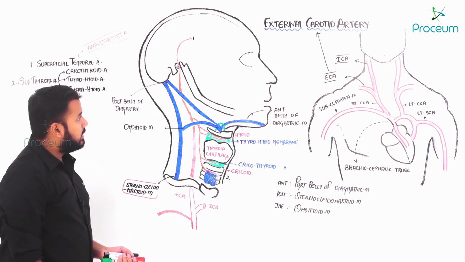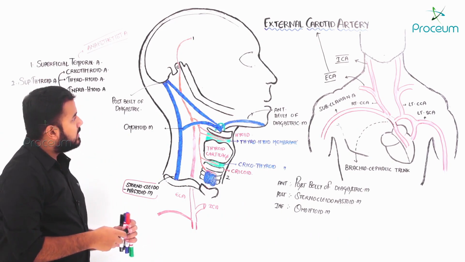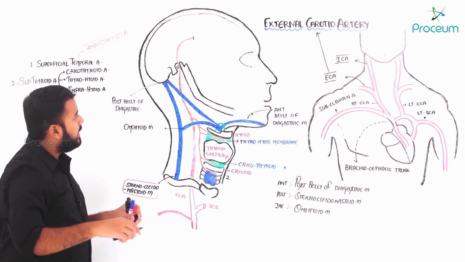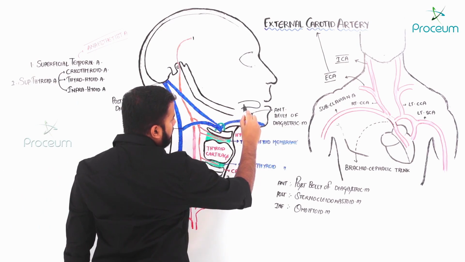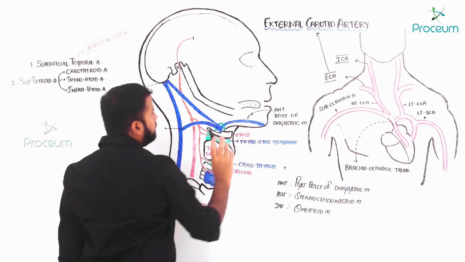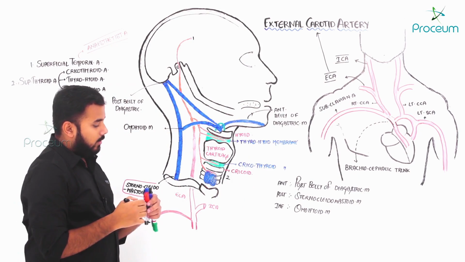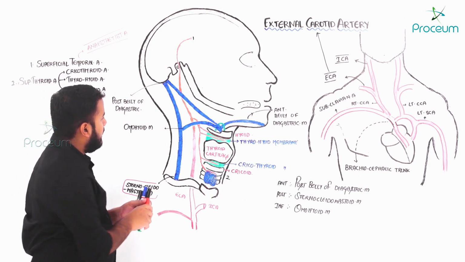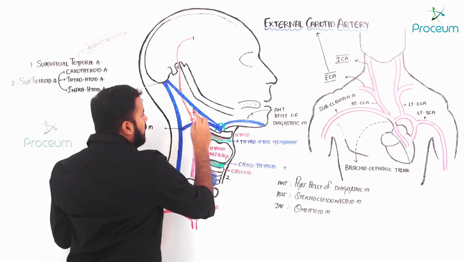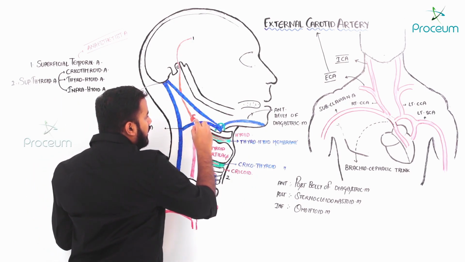We shall be discussing the third artery now. Before I discuss the third artery, you should be aware that you have got your tongue over here. This is your tongue. Now the third artery also starts from within your carotid triangle.